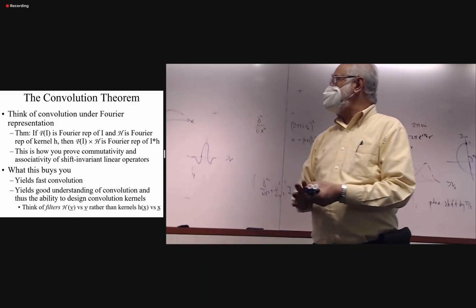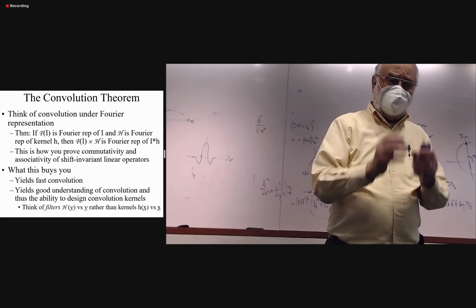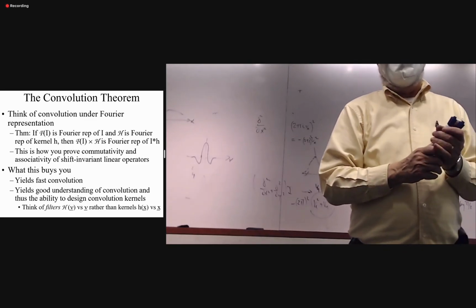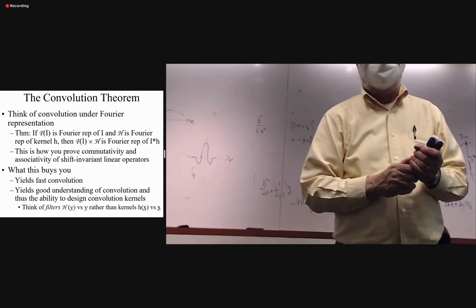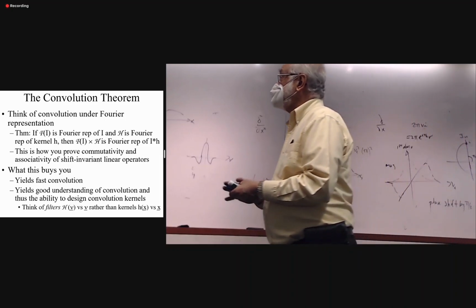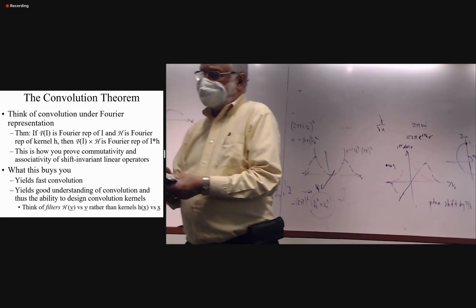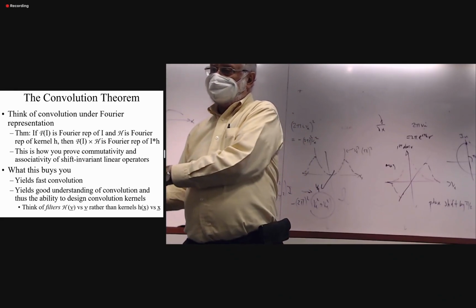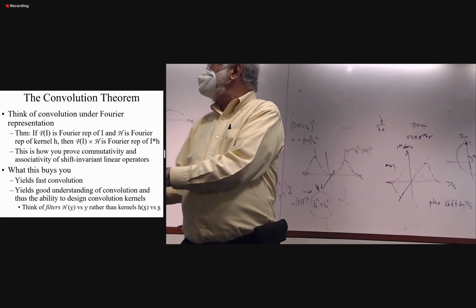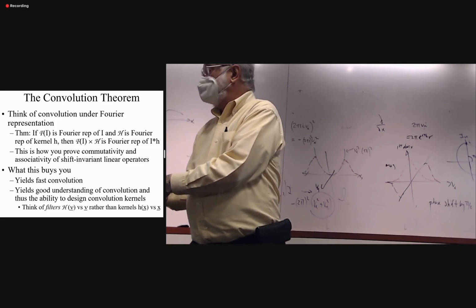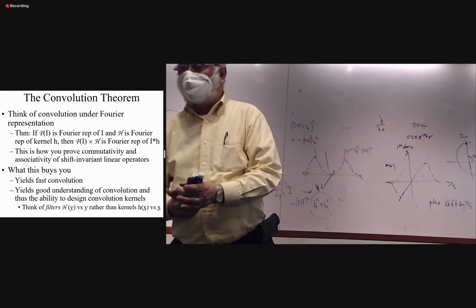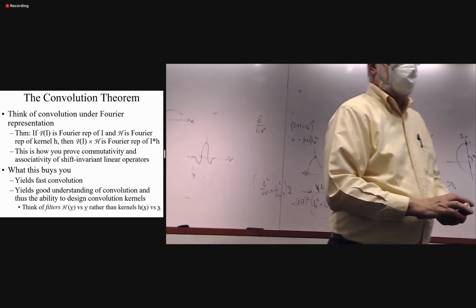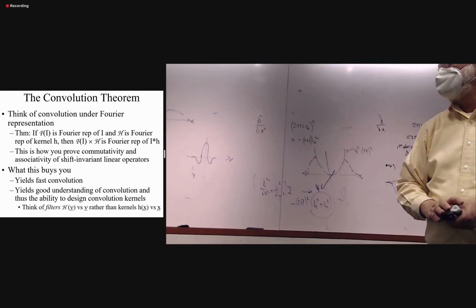So this gives you fast convolution for all but the narrowest of convolution kernels. It's also the case that because that multiplication operator in frequency is commutative and associative, so will the application of convolution kernels be.